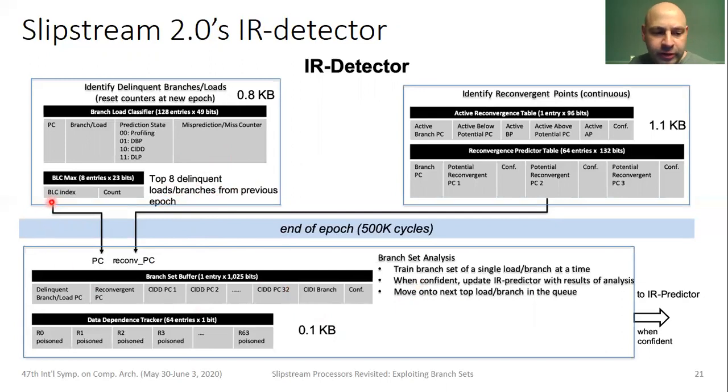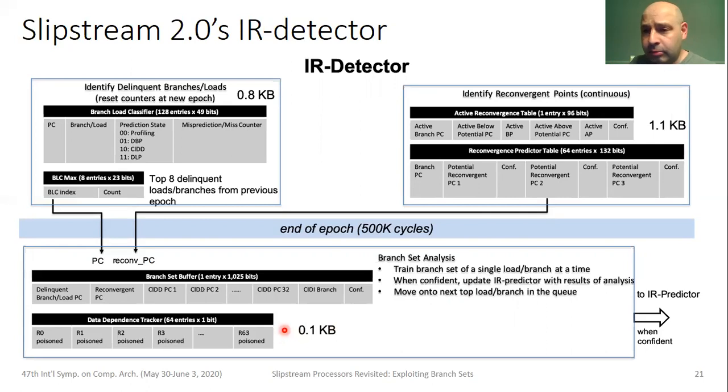And what we supply to it are the program counter of the delinquent branch or load and its reconvergent PC if it's a branch. And what branch set analysis does is it trains a branch set of a single load or branch at a time to keep things simple. Let's look at a delinquent branch, for example.